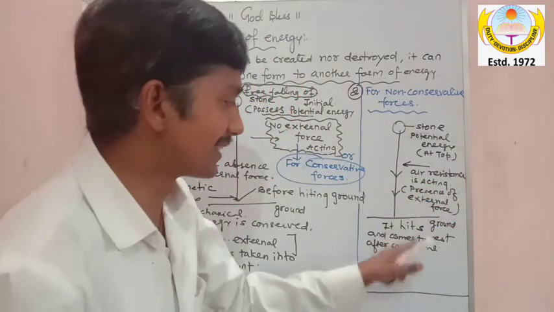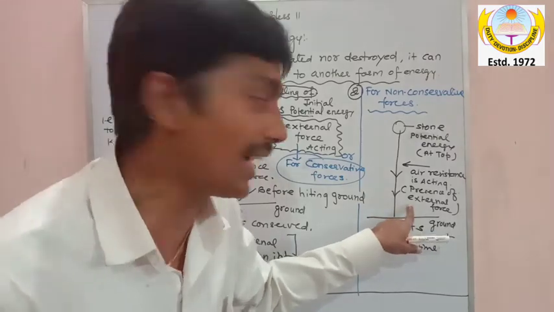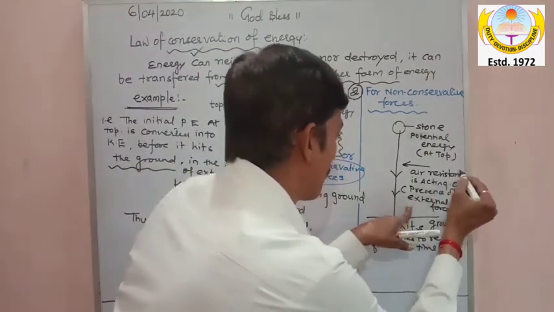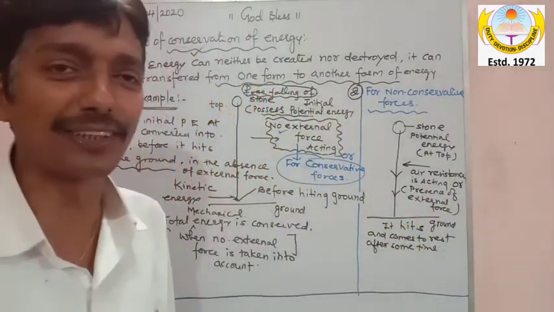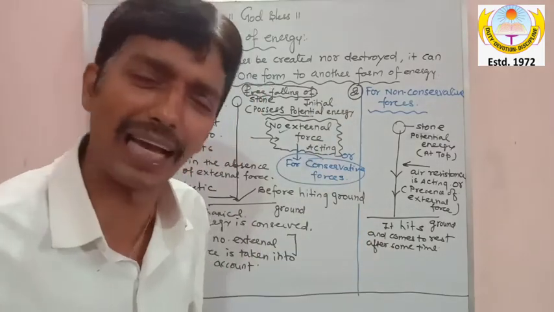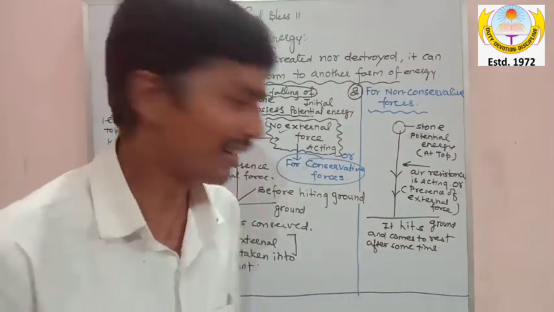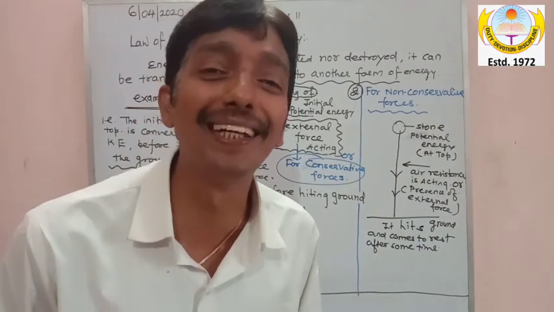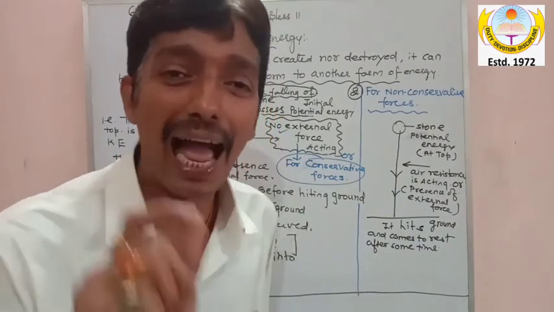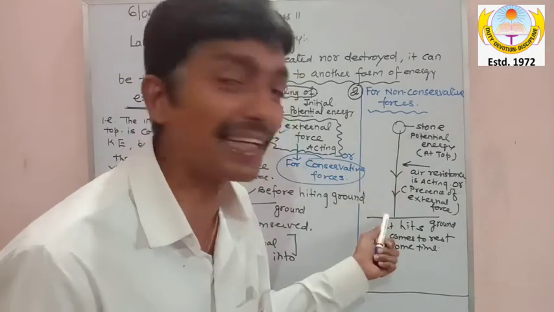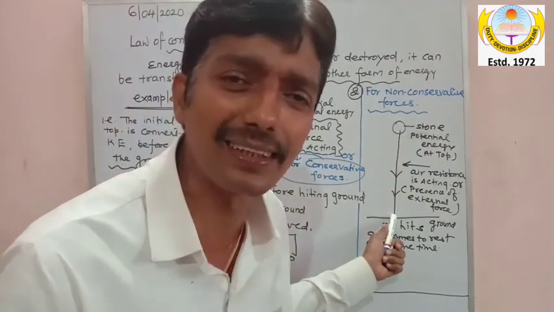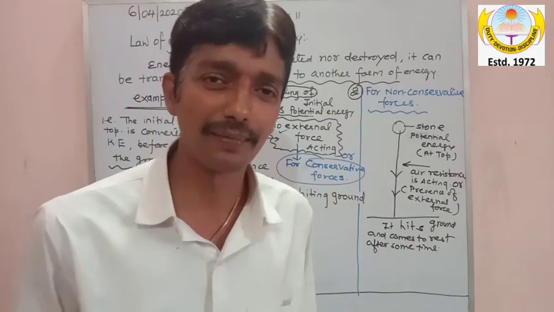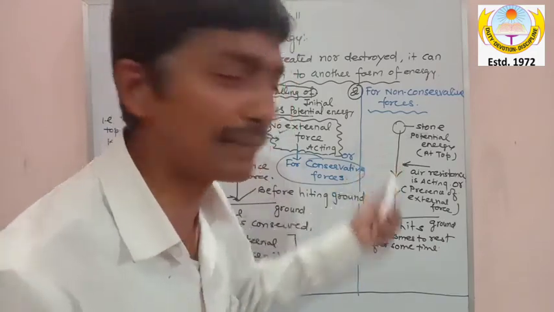So air resistance is acting, in the presence of external force, and let it come to the ground. An external force is that it hits the ground. The ground also exerts a force. No issues. Now what will happen here? Sir, the total mechanical energy is not conserved. Okay. The total mechanical energy is something else, right?